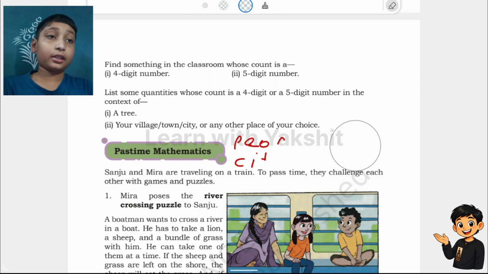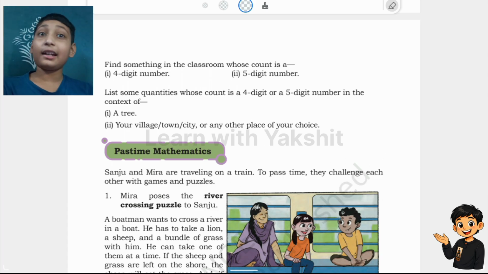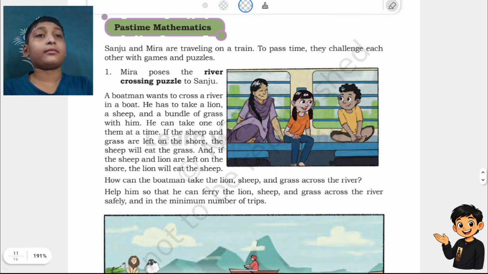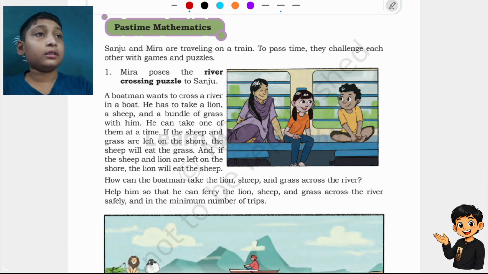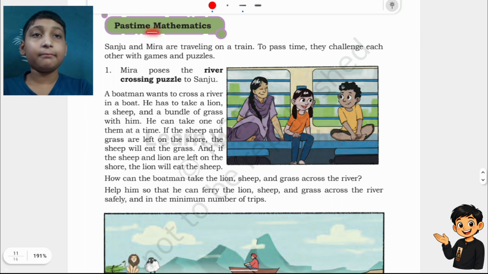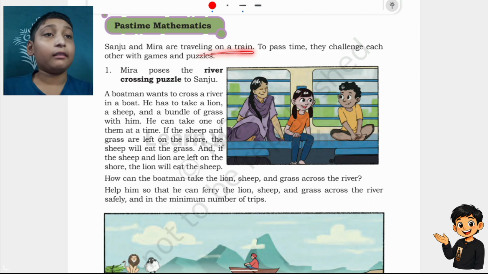Now we have to do some mathematics that is not mathematics. Pastime mathematics. Sanju and Meera are traveling on a train.